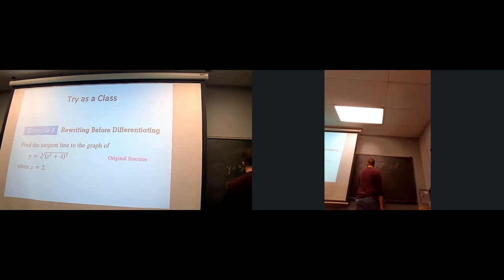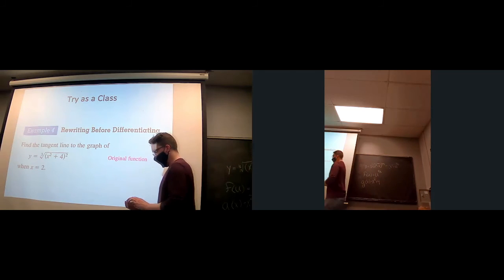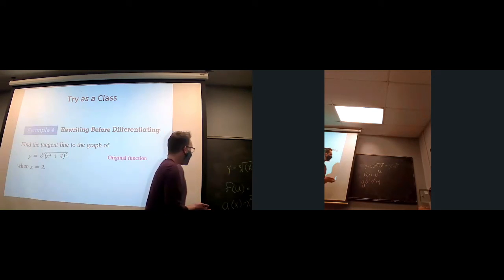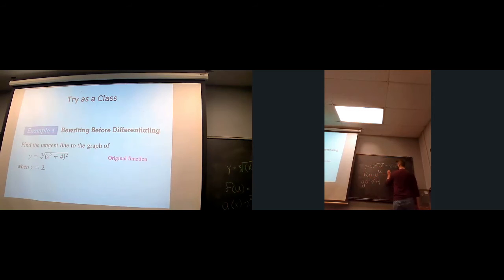Defining now f of u as u to the 2 over 3rd power and g of x as x squared plus 4, what we find is that f prime of u is going to be equal to 2 over 3 u to the negative 1/3, and g prime of x is going to be equal to 2x.